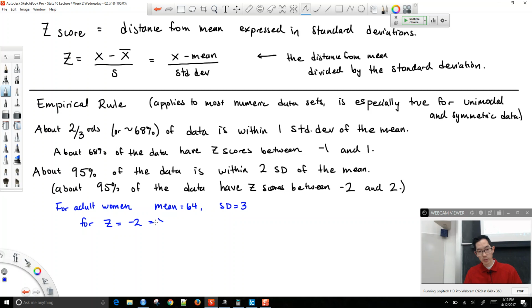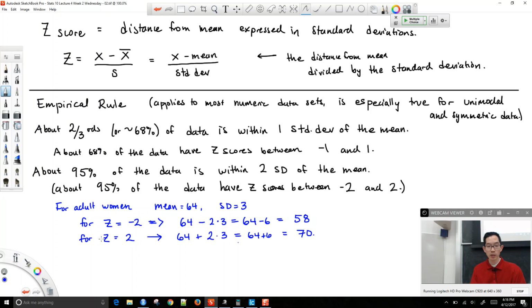If I go 2 standard deviations below the mean, I would go 64 minus 2 times 3, 64 minus 6, which takes me to 58. And for z equal to +2, I would do 64 plus 2 times 3, 64 plus 6, which gives me 70.